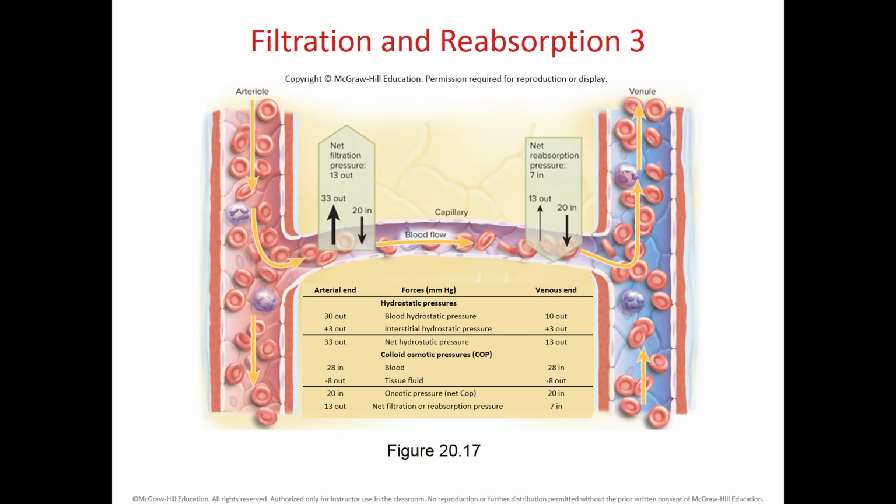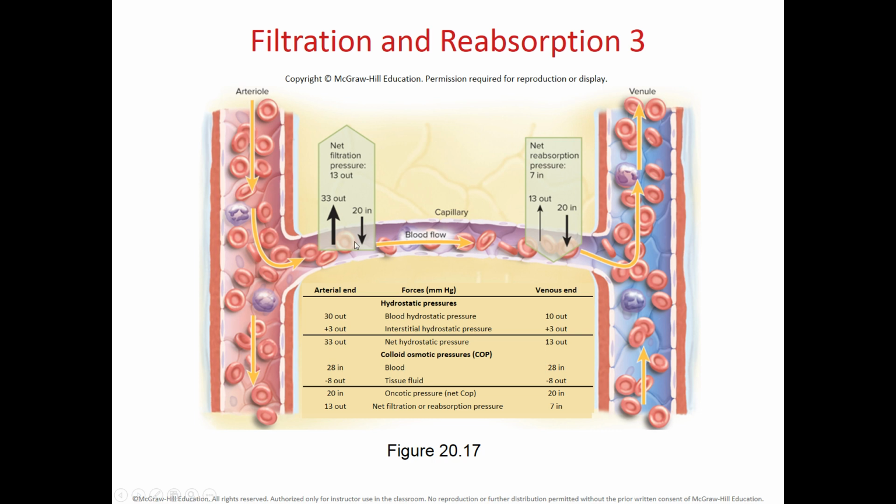So this diagram shows you the difference in these forces that allows the filtration and the reabsorption to happen. Here we have an arteriole and here we have a venule, and this will be the capillary. So this will be the arterial end and this will be the venous end. The hydrostatic pressure within the arterial end will be 33 millimeters of mercury.